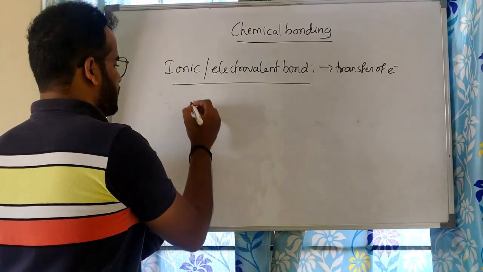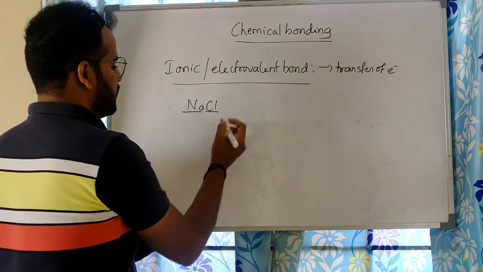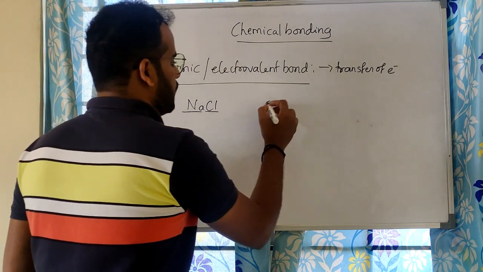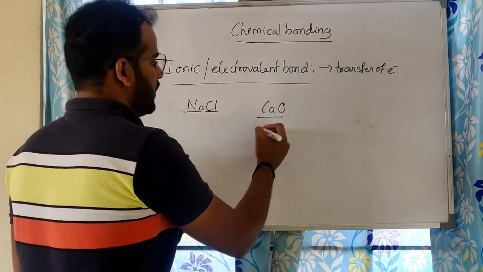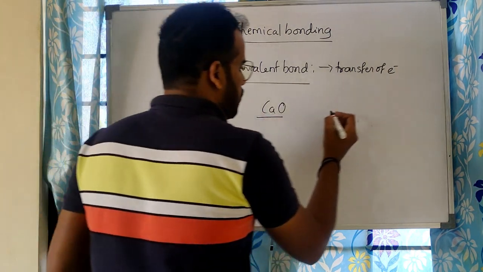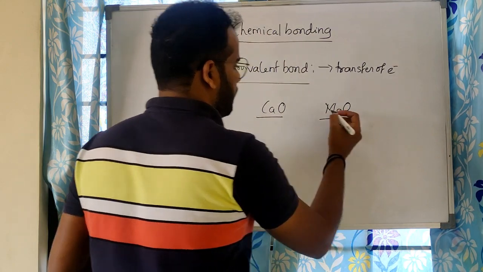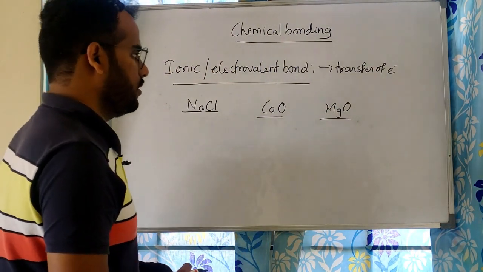For example, take NaCl. Sodium is a metal, chlorine is a non-metal. So sodium will donate its electron to chlorine. Calcium oxide: calcium is a metal, oxygen is a non-metal. Calcium will transfer its electrons to oxygen. Magnesium oxide: magnesium is a metal, oxygen a non-metal. Magnesium will give its electrons to oxygen.